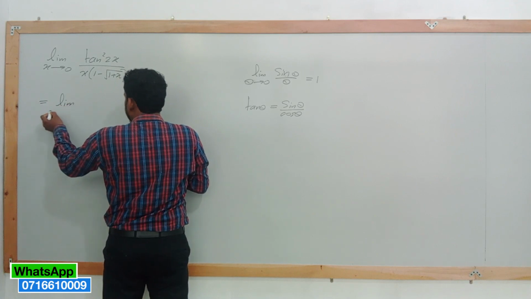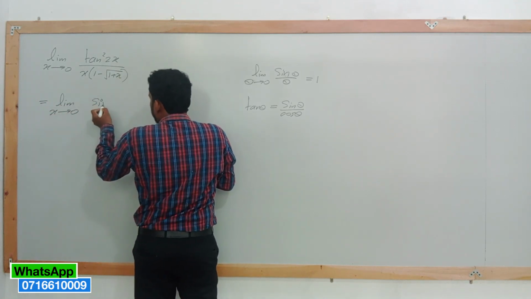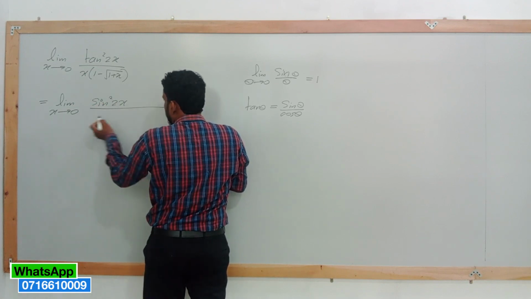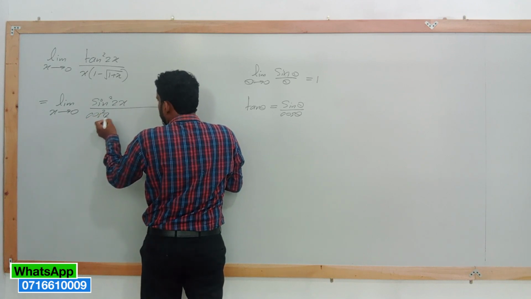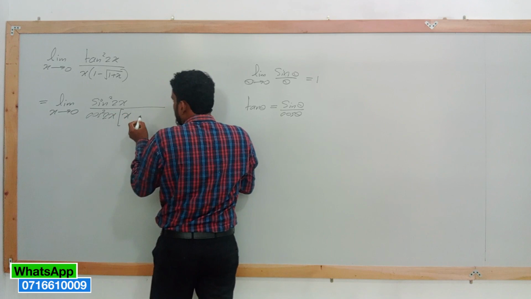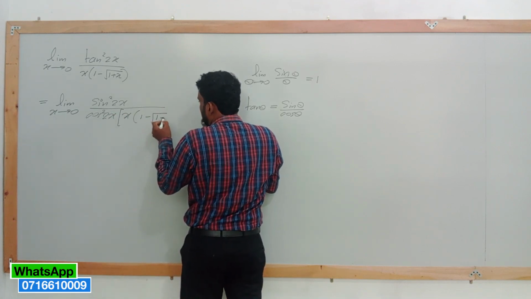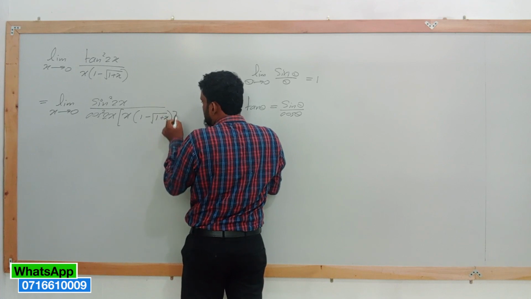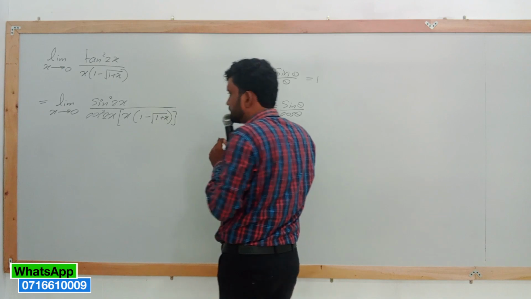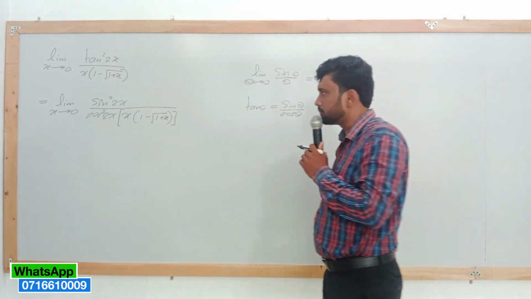Limit x goes to 0, sine square 2x divided by cos square 2x into x into 1 minus root 1 plus x, right? That is finished.